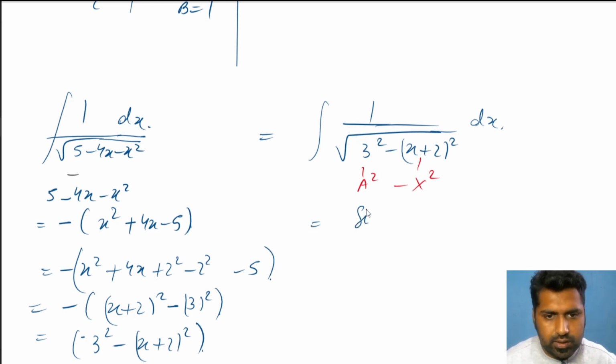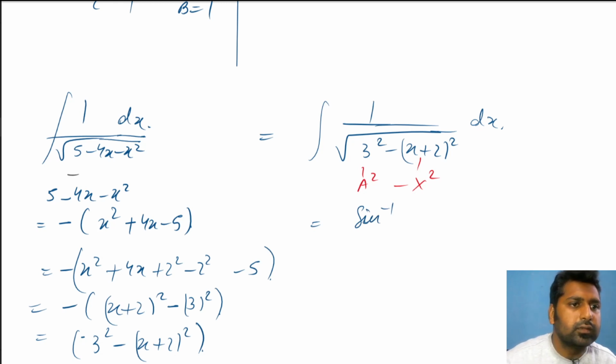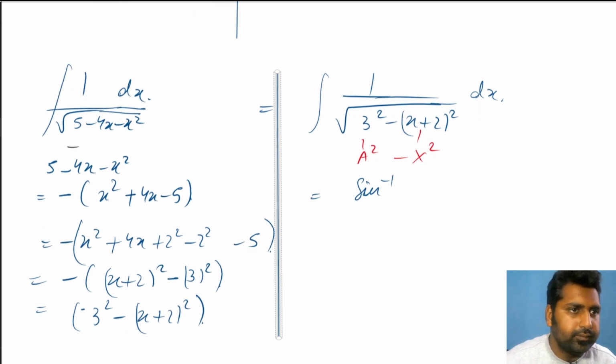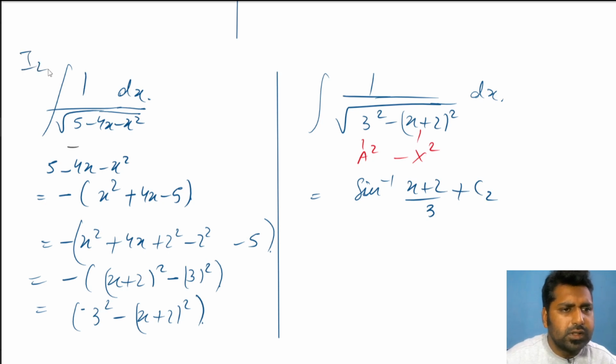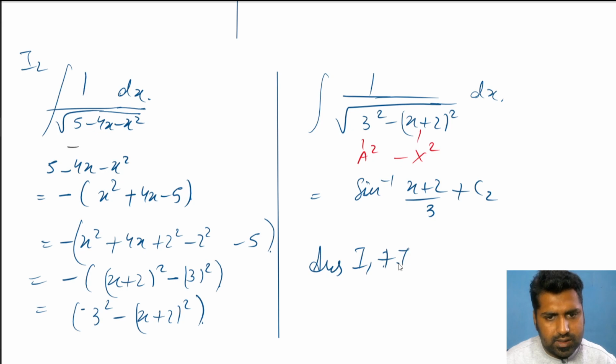So sine inverse of capital X by a, capital X is x plus 2, a is 3, plus c2, because we are doing I2. Okay, final answer is I1 result plus I2.